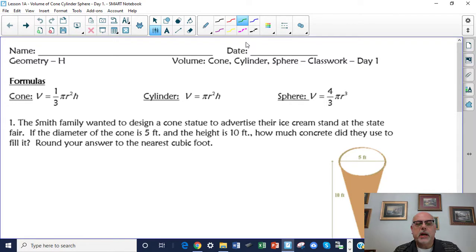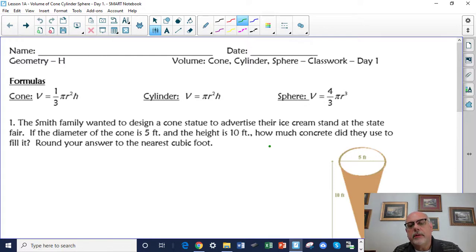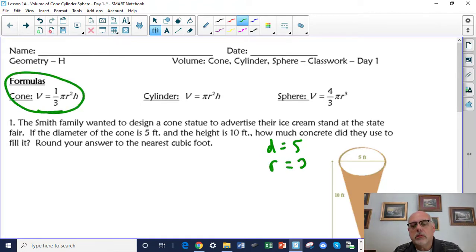If we read the problem, the diameter of the cone is 5 feet. Well, the formula calls for radius. Radius is 2.5. So the volume is 1/3 pi r squared times height.